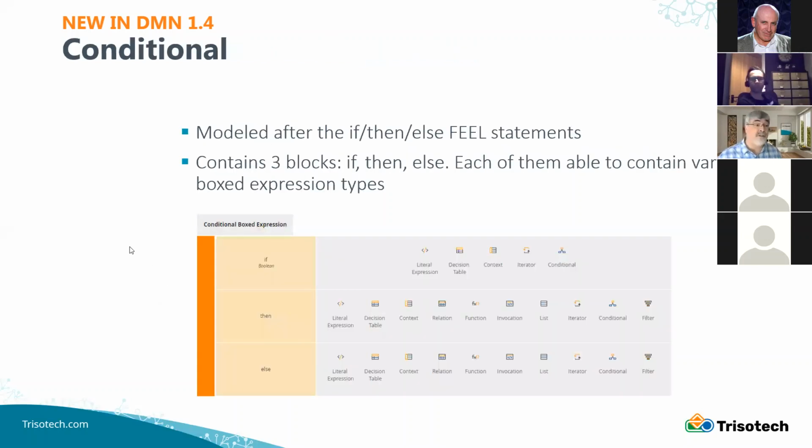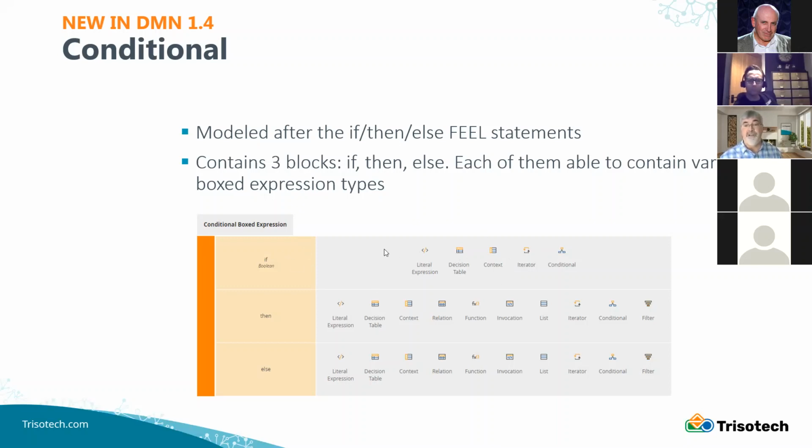So what does that look like exactly? For conditional, this is what the conditional box expression looks like. It's 3 blocks, an if, then, else block. And within each of the blocks, you can put various box expressions or literal expressions.